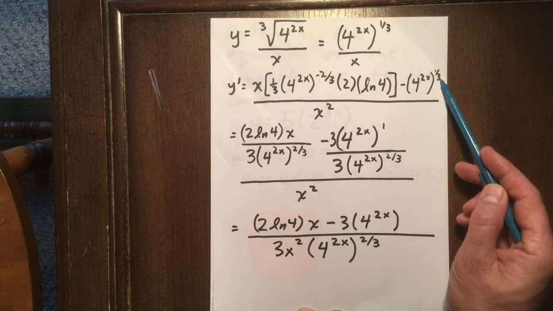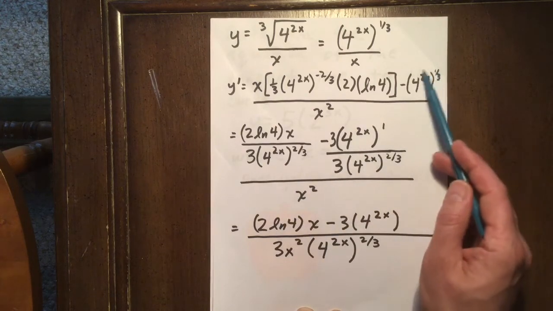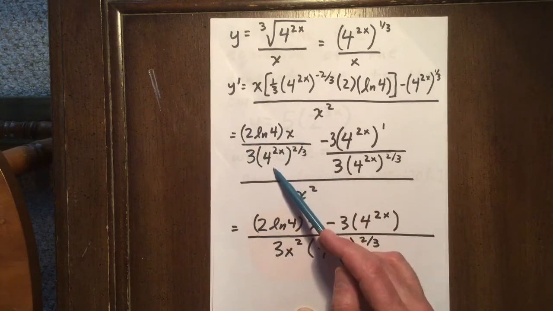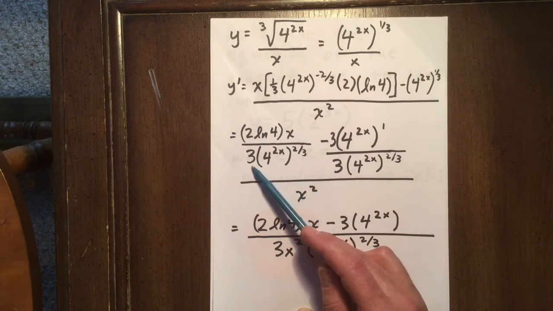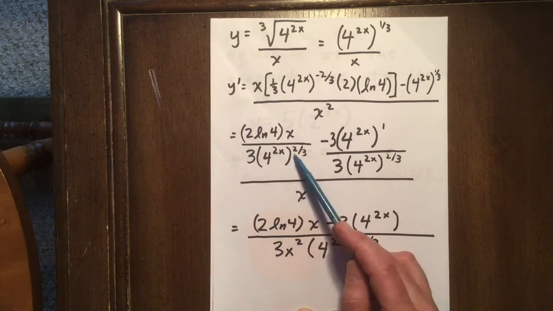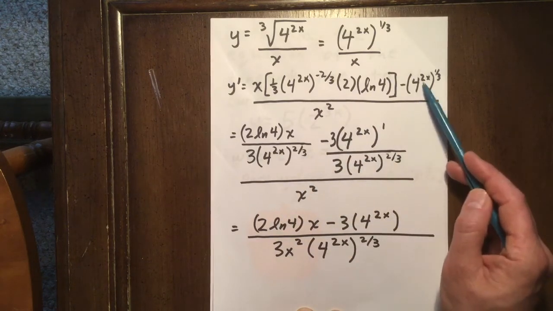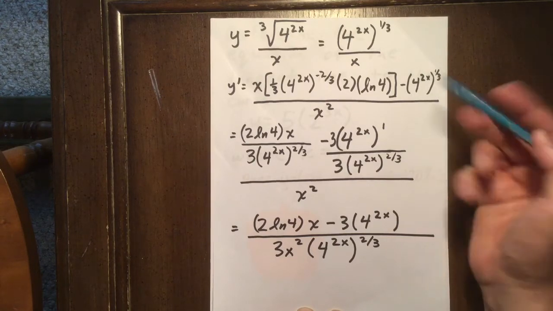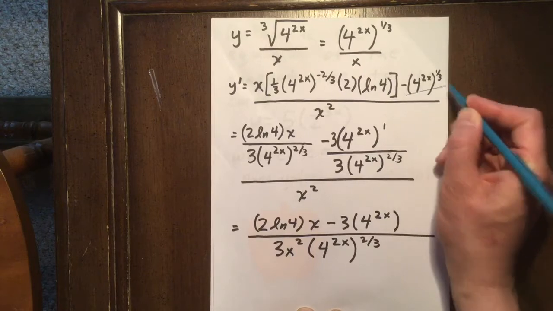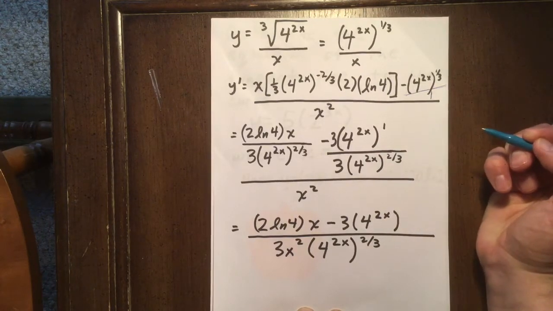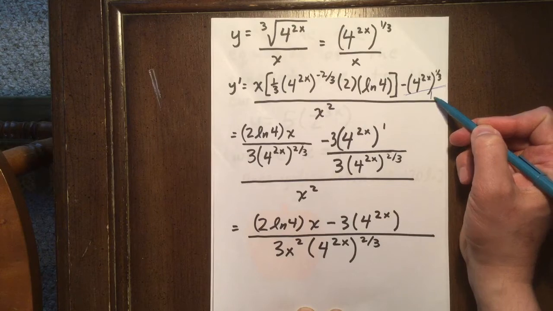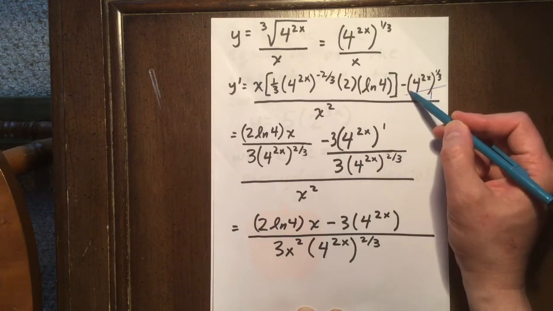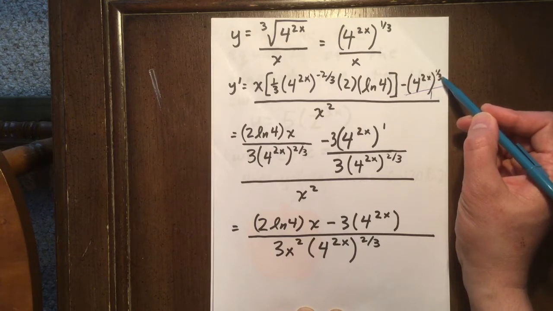Well, what we could do, if we wanted to find a common denominator with this term and this other term, which has now been simplified, we know that that common denominator is going to have to be 3 times 4 to the 2x to the 2/3. So instead of having 4 to the 2x to the 1/3 over 1, what we're going to do is multiply this 1 by 3 times 4 to the 2x to the 2/3, and multiply this by 3 times 4 to the 2x to the 2/3.